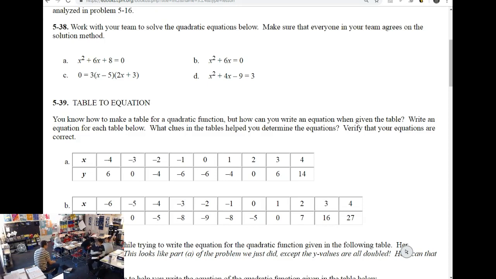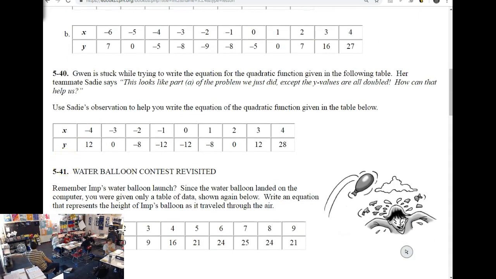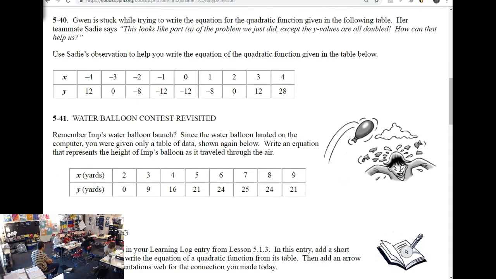Then, once you or your team, however you want to work through these, get done factoring those out or solving those, finding those zero points, like what the x equals, then we're going to go on to 39 and say if we don't know the equation, but we do know a data table, how could we then derive the equation of the quadratic based off that data table? Check and guess. And then we will go back to our water balloon contest and see if we can help Imp figure out his actual quadratic.